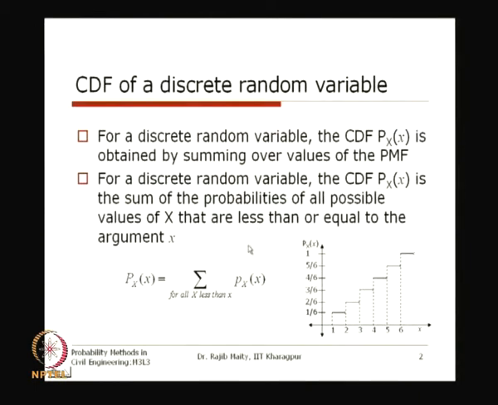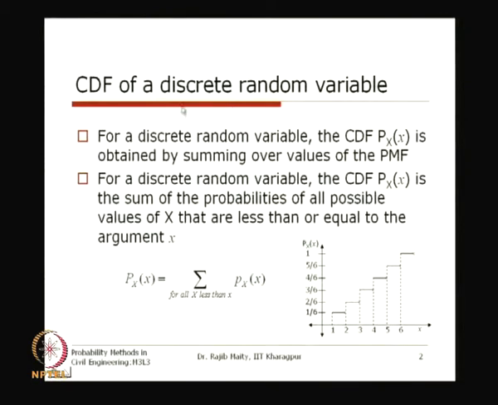Where we stopped in the last class is the description of the CDF for a discrete random variable. We know that there are two types of random variable, one is discrete and another one is continuous, and for both these types of variables we have seen their density functions, that is, probability density function for a continuous random variable and probability mass function for a discrete random variable.